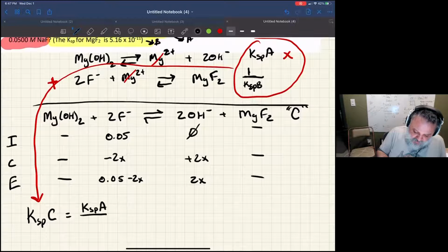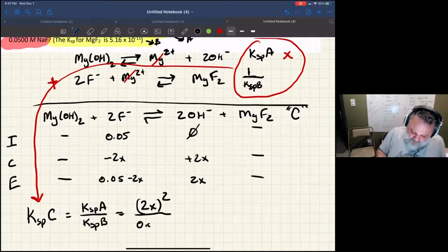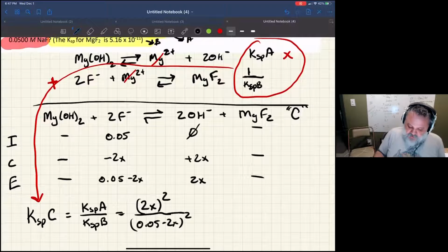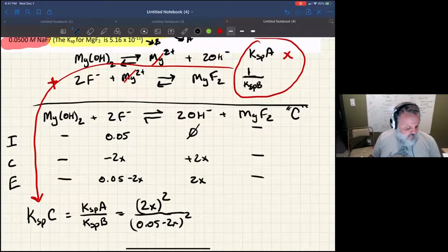So that's KSPA divided by KSPB. And so that'll equal my new equilibrium expression, which will be the concentration of the products raised to their stoichiometric coefficients divided by the concentration of the reactants raised to their stoichiometric coefficients. And this is the expression that I end up with.